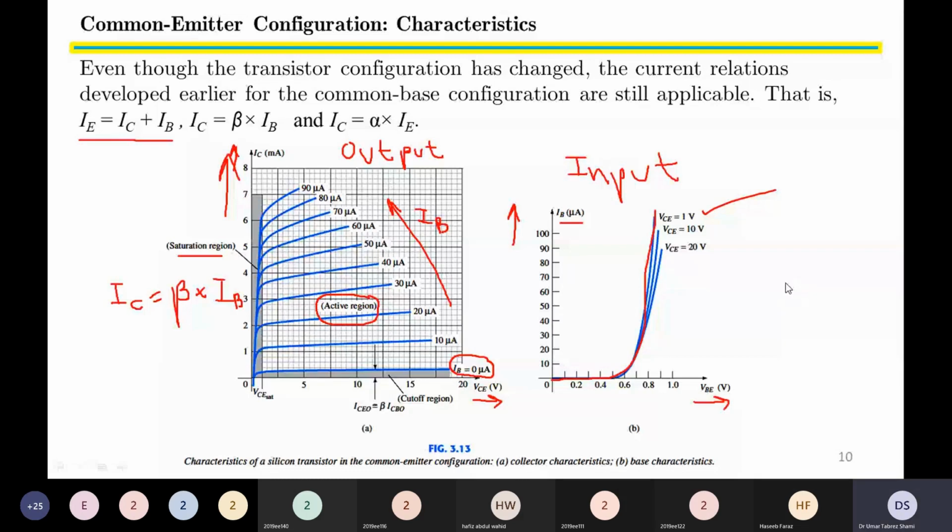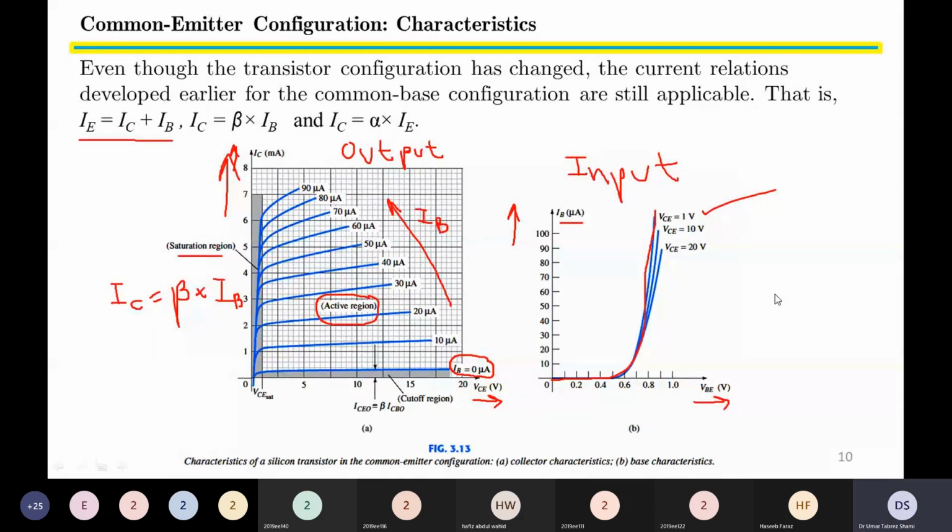The reason for the difference in collector characteristics can be shown through characteristic equations. That is, collector current is equal to alpha IE plus ICB0, where ICB0 means the current that flows from collector to base when the emitter current is 0.